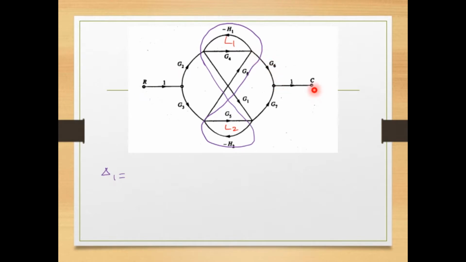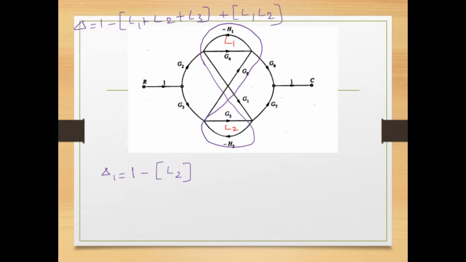It is clear that loop 1 and loop 3 both are touching, so we cannot consider them. Which one is not touching? L2 is not touching. So delta is 1 minus L1 plus L2 plus L3 plus L1 L2, right?